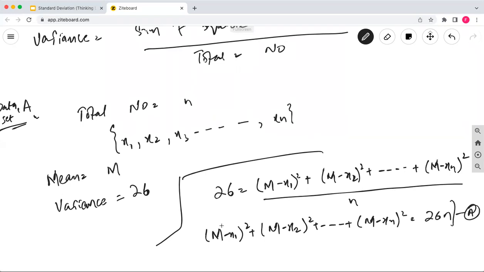For the time being, just consider this. Everything is understood till now, right? I'm just playing with the formula. We know the total number, we know the mean, we know the variance, and I just consider the values are x1, x2, x3 to xn. This is for data set A.